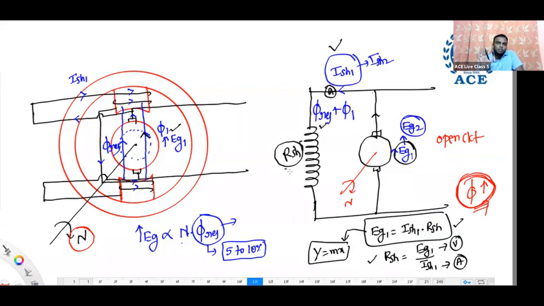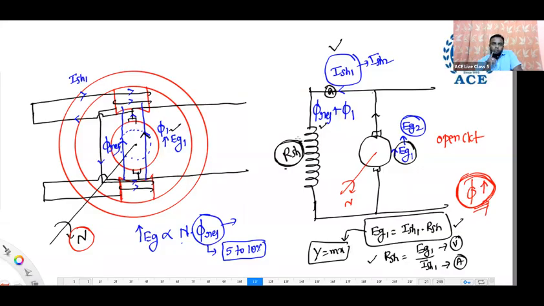Can we design the field winding with any higher value of resistance? No. High value is required, but not very high. There is one limit for this. That limit of resistance we call critical field resistance. The resistance of field winding should always be less than critical field resistance. Then only voltage will build up. Otherwise, no voltage builds up.